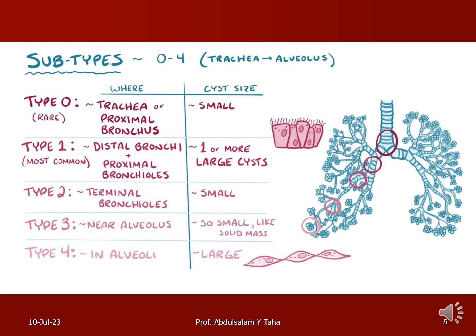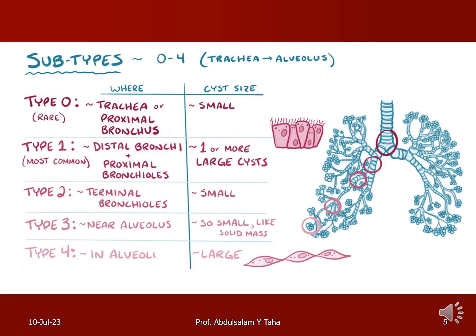We start with type 0, which is the rarest form, originates from the trachea or the proximal bronchi, and is characterized by small cysts. These cysts are lined by the typical respiratory epithelium. Type 1, which is the most common type, originates from the distal bronchi and proximal bronchioles, and consists of one or more large cysts.